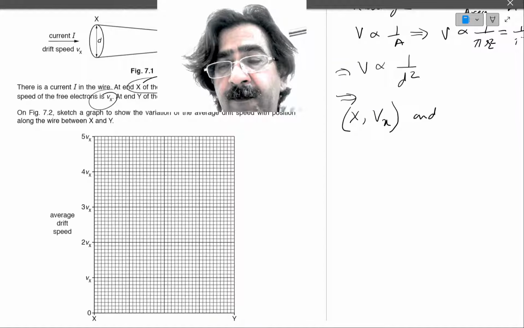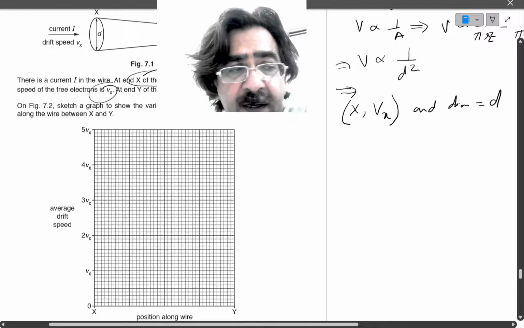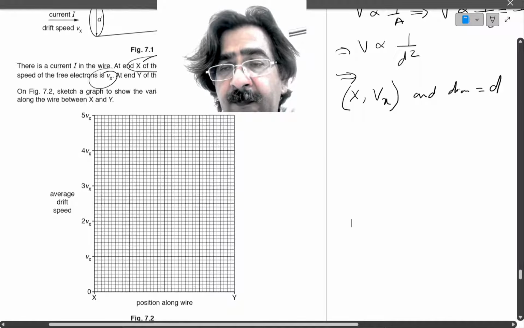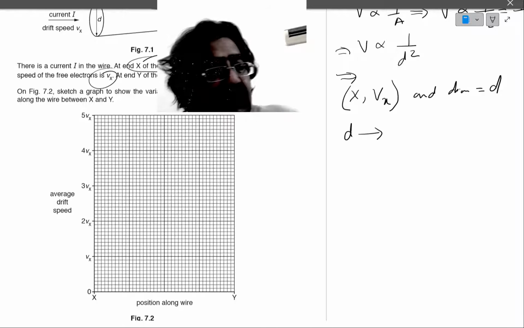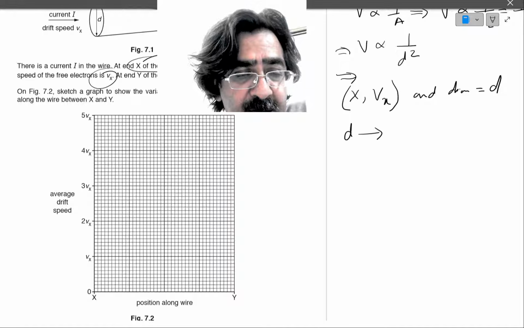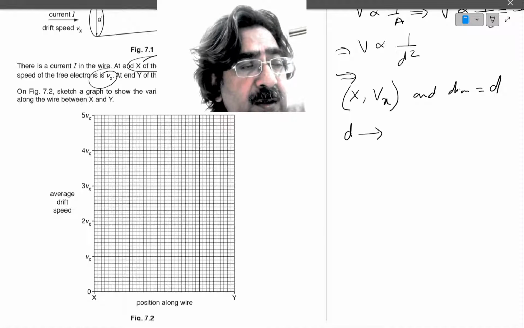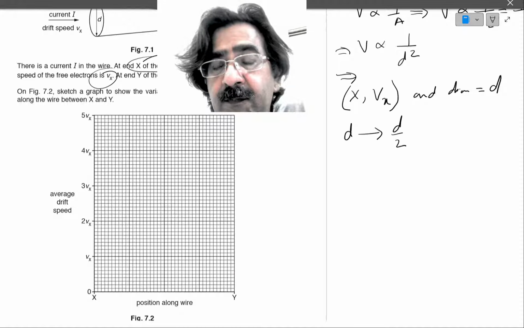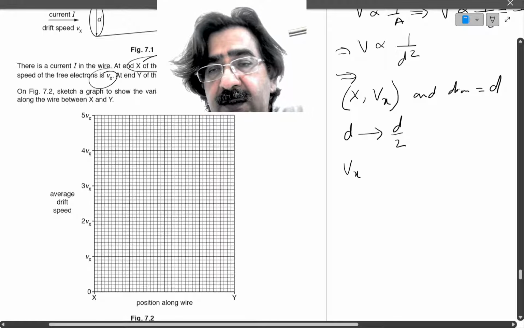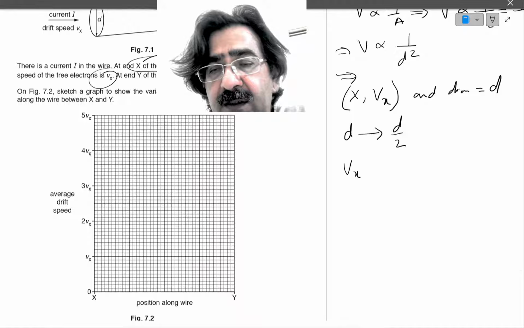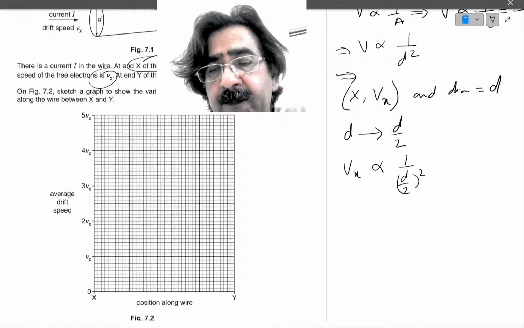When d moves toward, for example, if I calculate at d as d by 2, then Vx, because velocity will be directly proportional, so Vx will be d by 1 over d by 2 square.